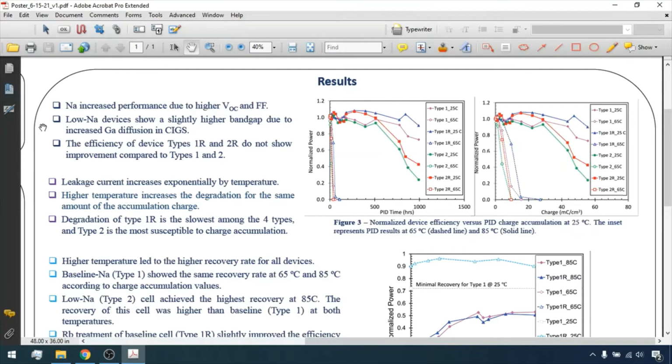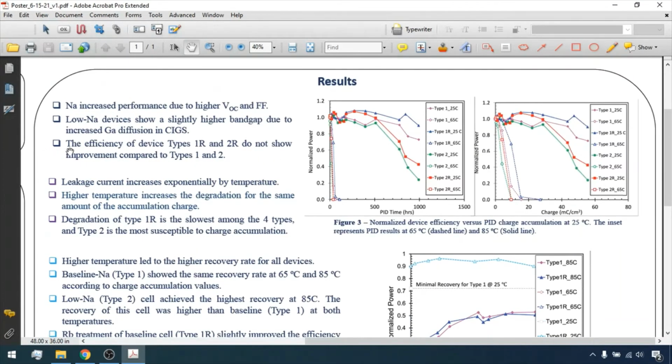Low sodium devices, both with and without the rubidium, show a slightly higher band gap due to the increase in the gallium diffusion in CIGS cells. And the efficiency of the devices with the rubidium treatment didn't show any improvement compared to type 1 and type 2.